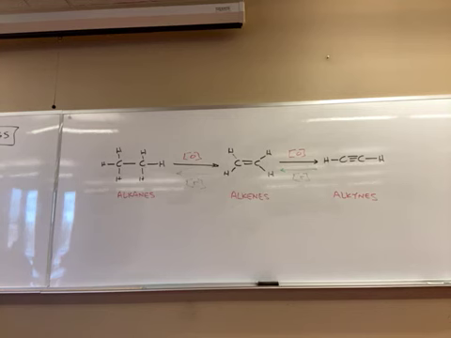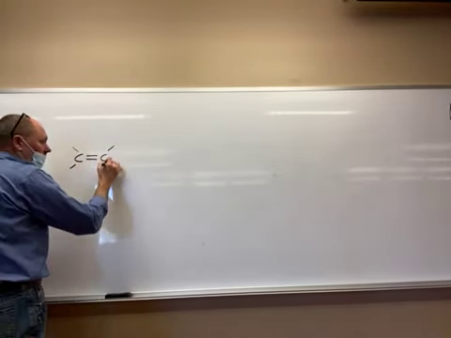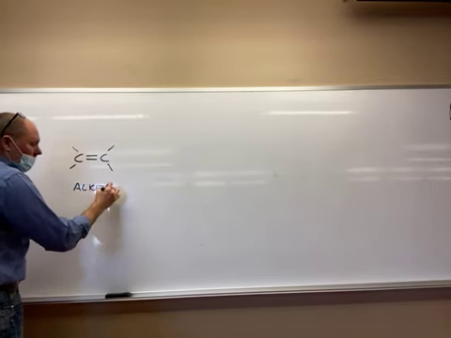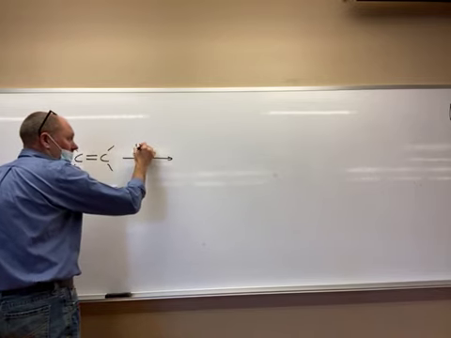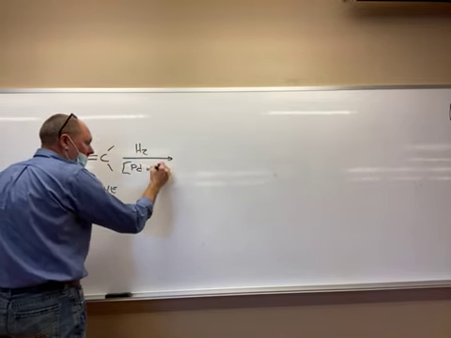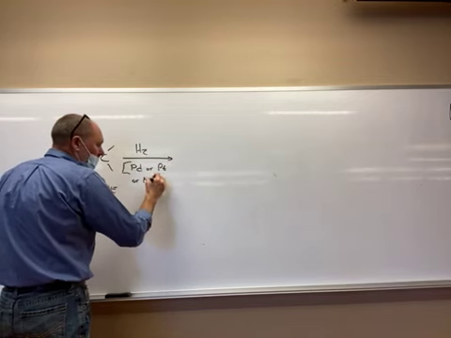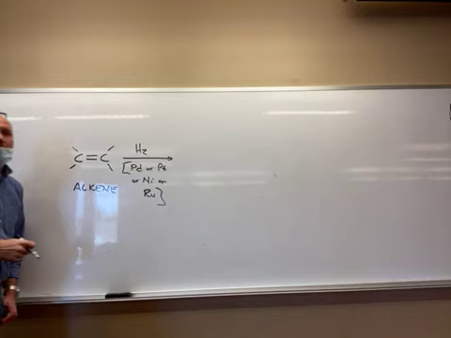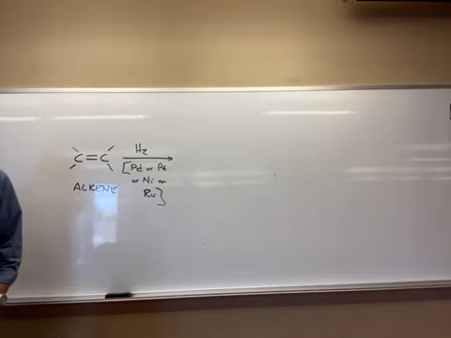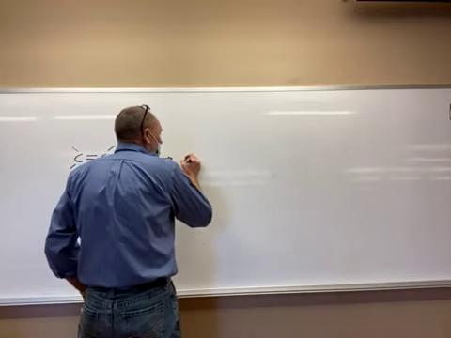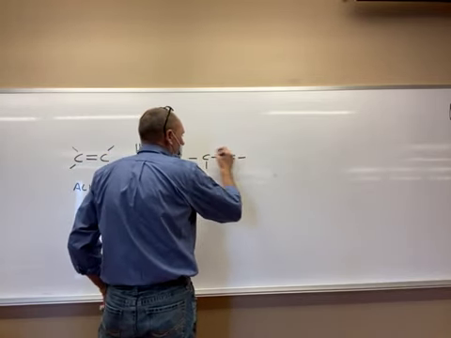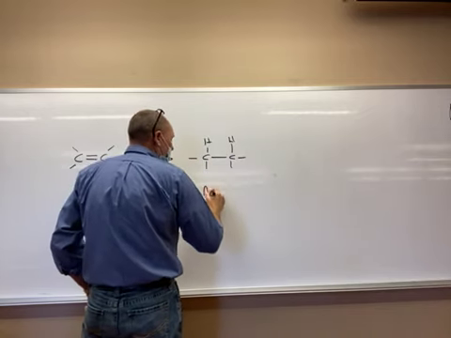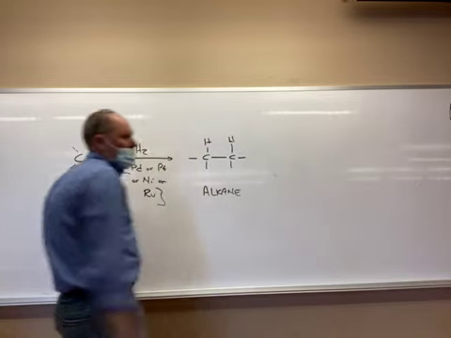So if I take an alkene in the presence of hydrogen gas over palladium or platinum or nickel or ruthenium, one of those metals, they have to be the actual active metal, it goes to the alkane. Okay? All right?